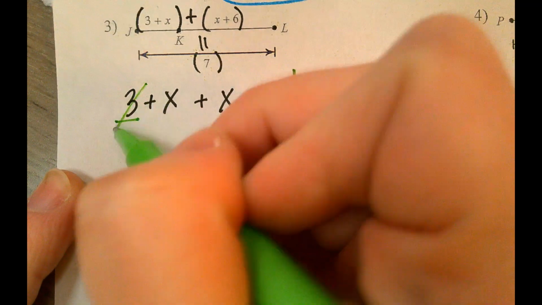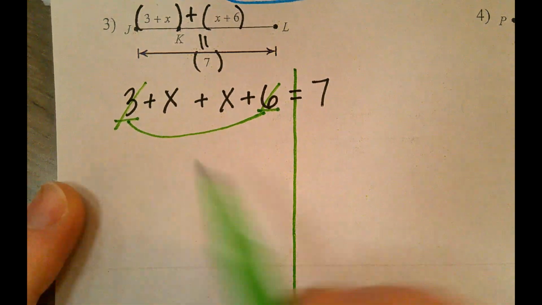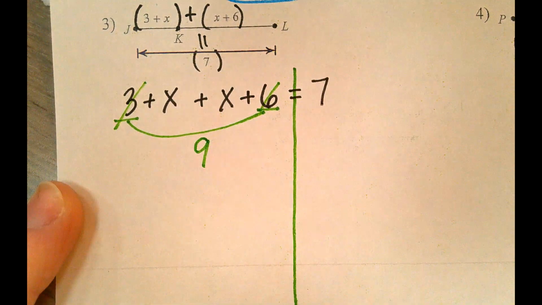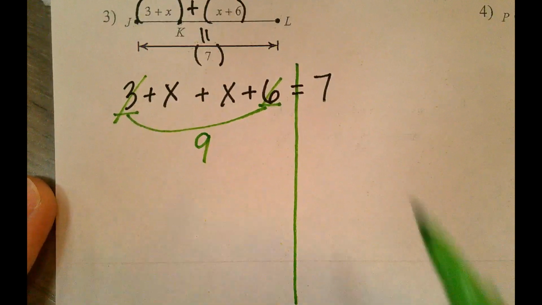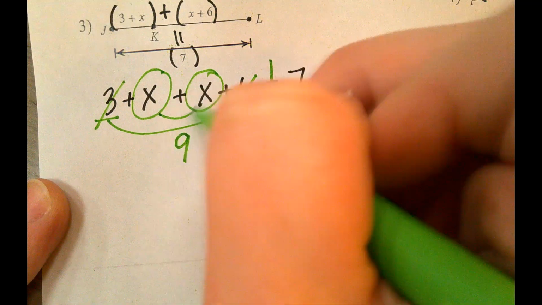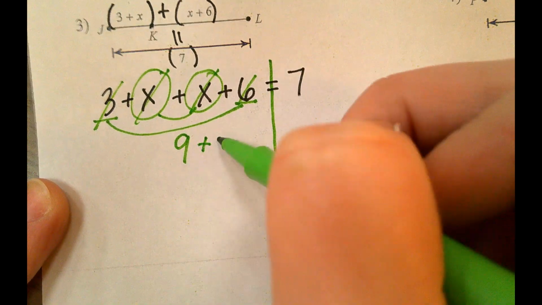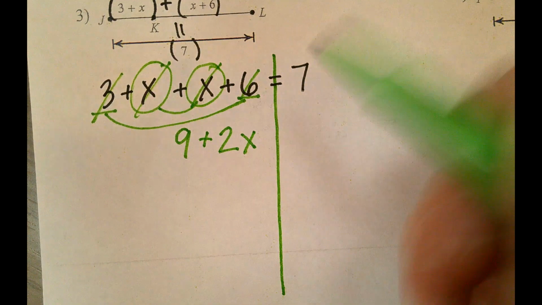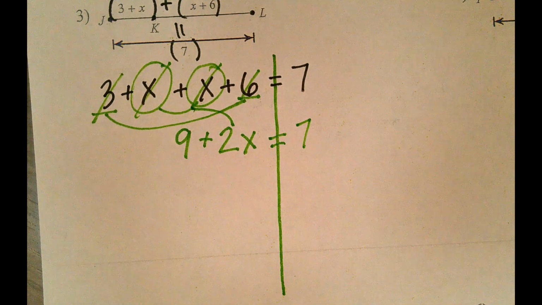What is 3 plus 6? 9. Is there anything else that can be combined? The x's. So x plus x. What is that? 2x. So I'm going to write plus 2x equals 7.